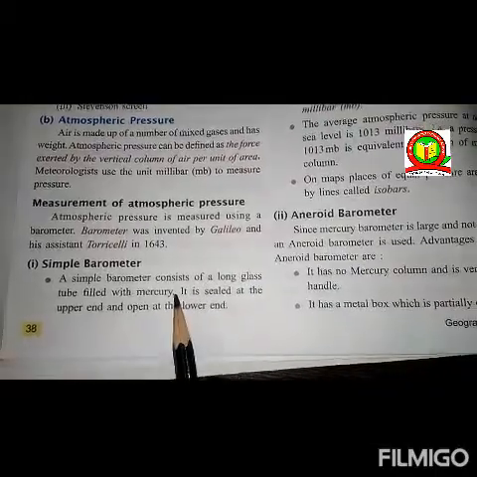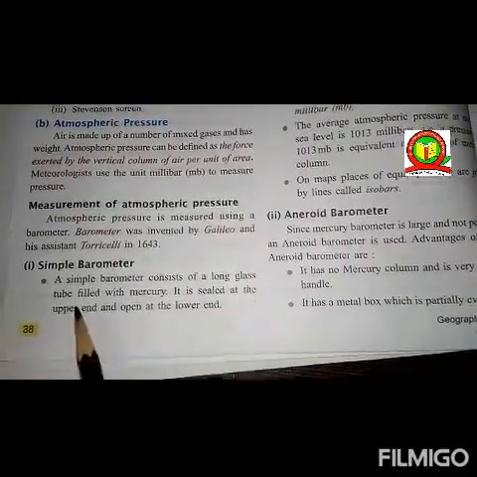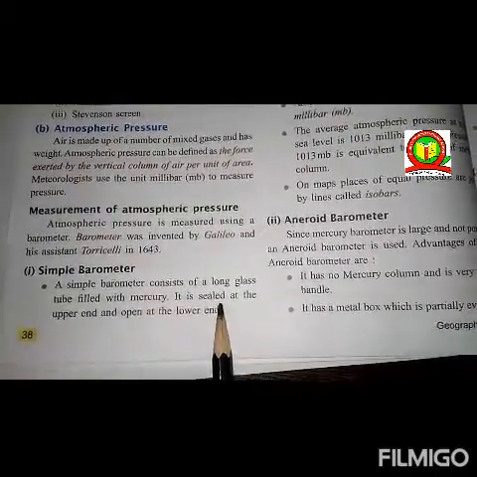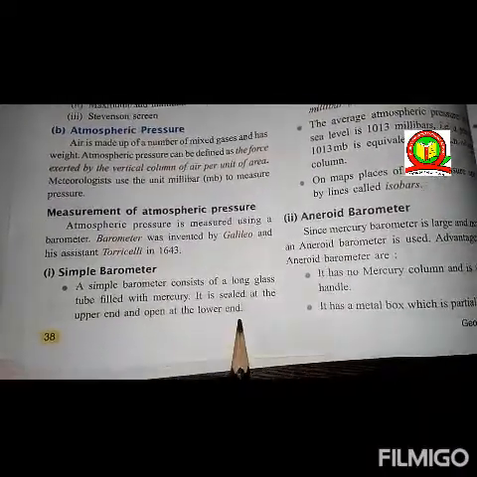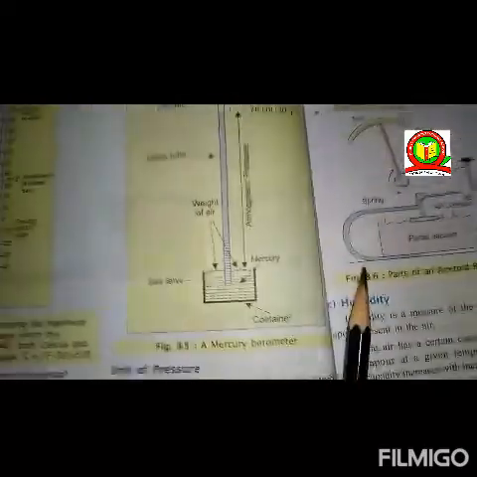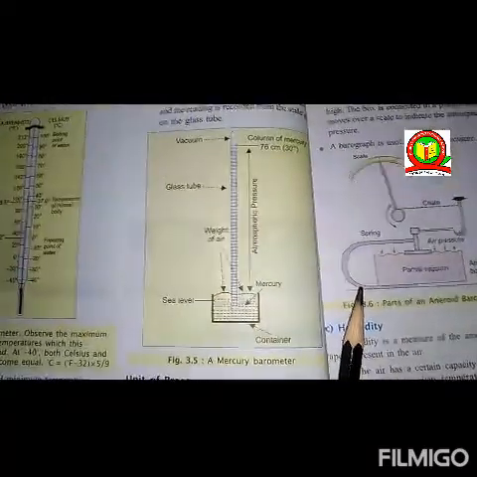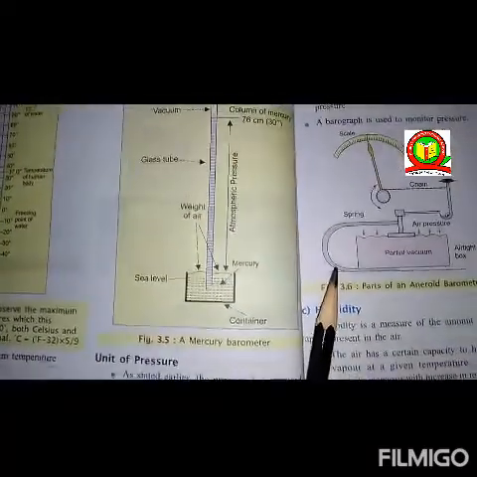A simple barometer consists of a long glass tube filled with mercury. It is sealed at the upper end and open at the lower end. Here is a picture of the mercury barometer.